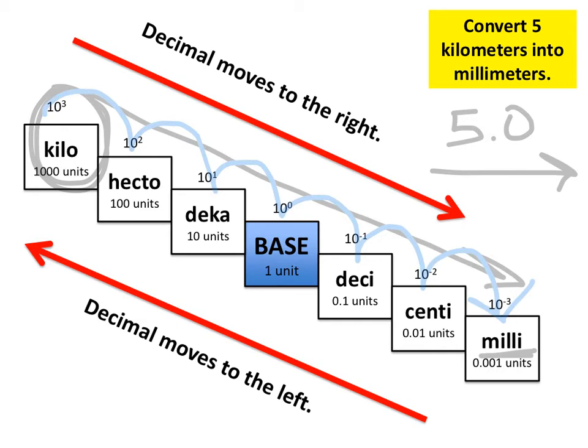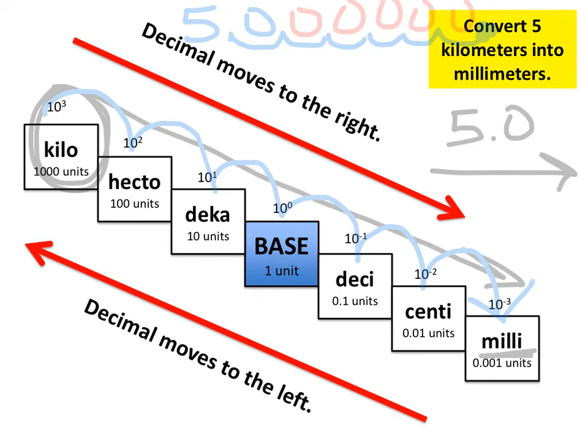And I'm going to rewrite this over here. Okay, so we jump 1, 2, 3, 4, 5, 6 places. Here's our new decimal point. And all of these spaces that you skipped, we fill in with zeros.